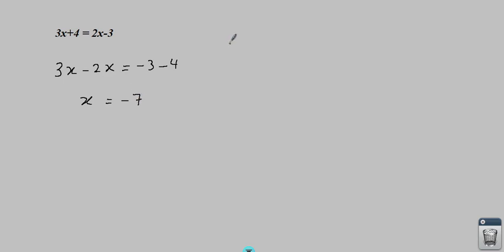Now what if you decide to move the terms to the other side? Let's take the constants to the left-hand side. On the left-hand side, I have a 4, and if I move the negative 3 to the left-hand side, that is adding 3 to both sides, becomes 4 plus 3, equals, we have the 2x on the right-hand side, and we need to bring the 3x to the right-hand side, and we have to change its sign.